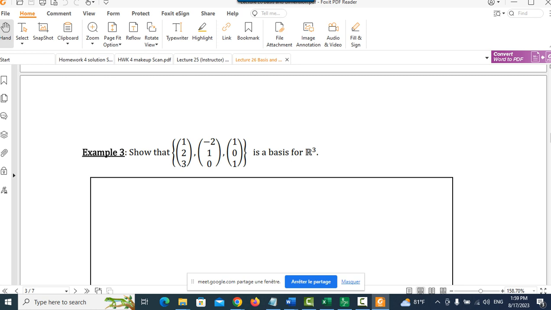Here, for example, the dimension is 3. It's a basis for R3. R3 is the set of all column vectors with 3 elements. Here we have three vectors, and the dimension is equal to 3. Let's try to show that these 3 vectors form a basis for R3. Let's read the theorem.